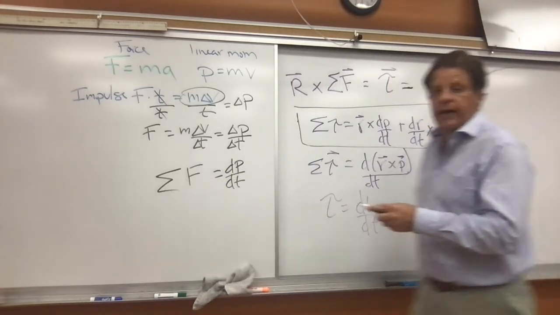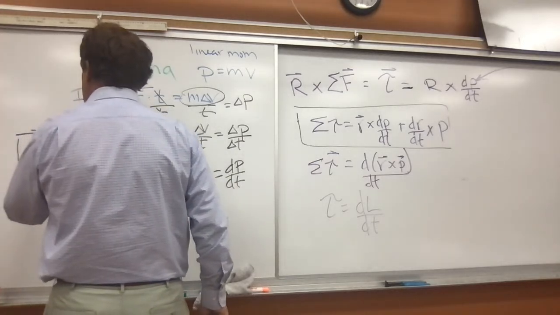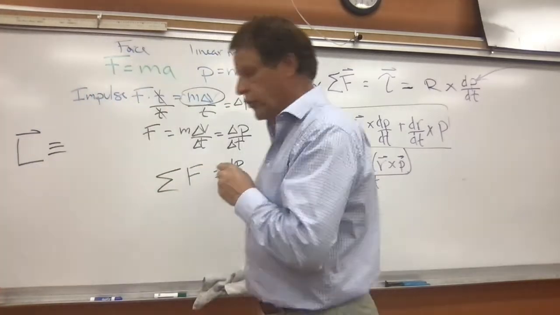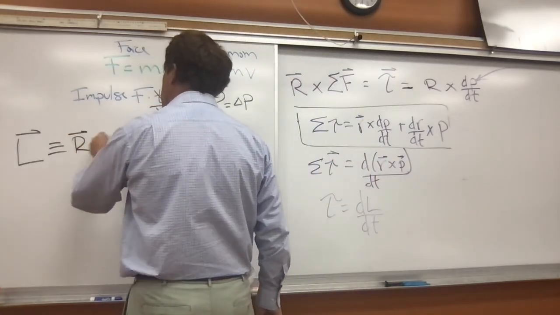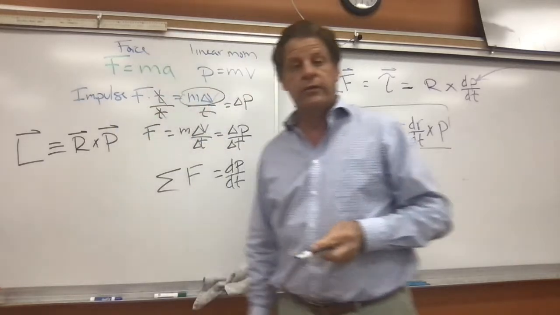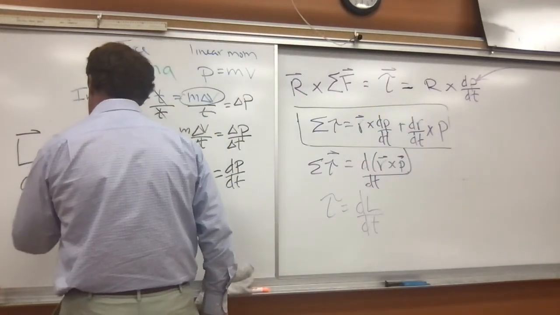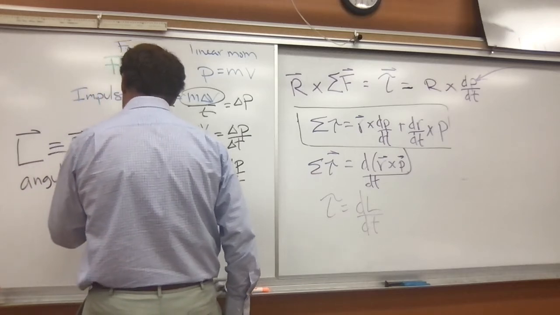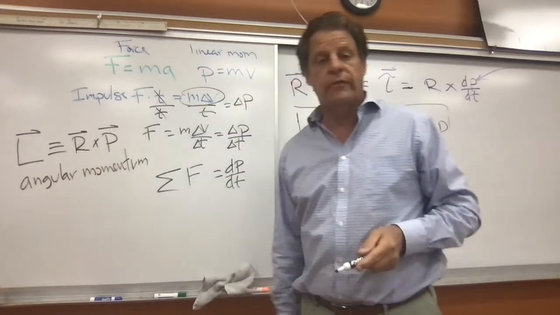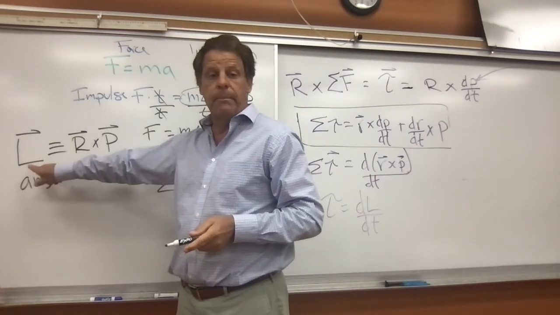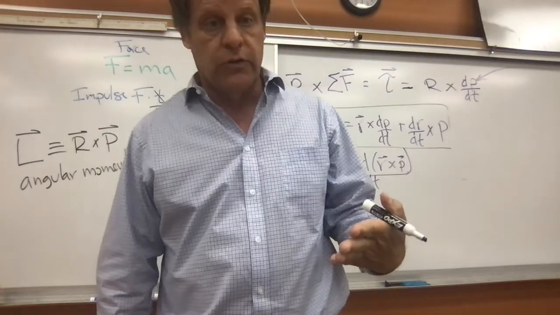We're going to say that angular momentum is going to be equal to the cross product between r, or radius, times the momentum. So this is our definition of angular momentum.